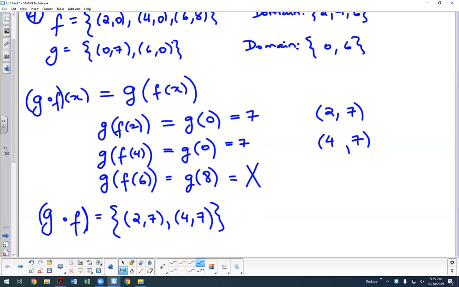What will be the domain for the composition function? 2 and 4, yeah. So the domain of g of f is just those two x values, 2 and 4.